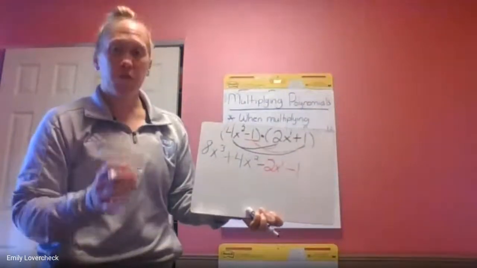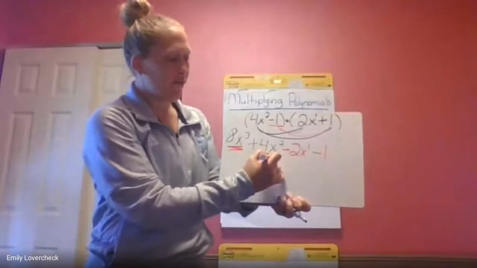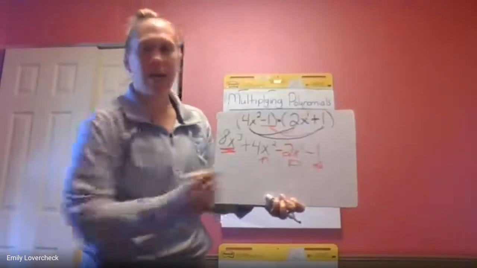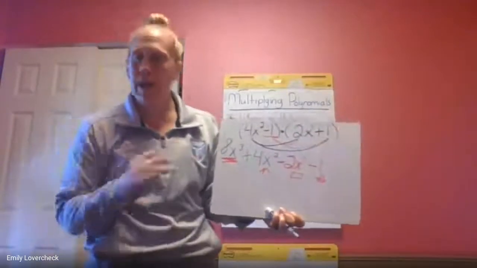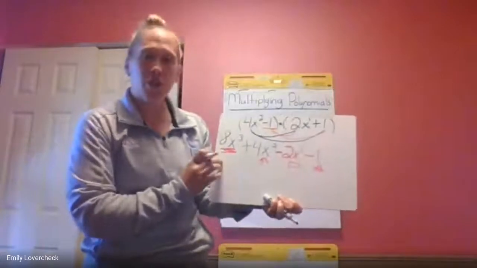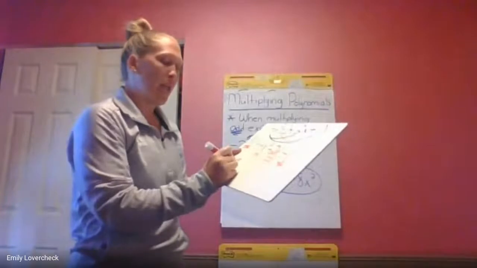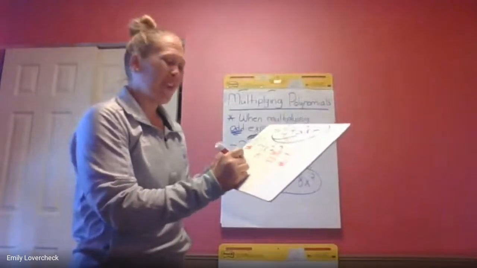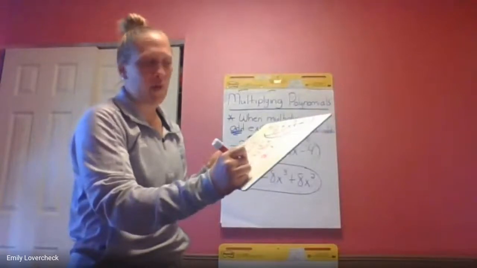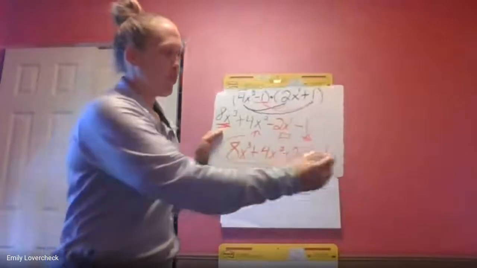Okay, so from here, I want to combine like terms, but I have an 8x cubed, a 4x squared, an x to the first, and a constant by itself. If I look at that, nothing is in common to add together, unlike the last problem. So this would just be my answer. If I wanted to rewrite it, I could write that as 8x cubed plus 4x squared minus 2x to the first, I'm going to leave that 1 there, minus 1. And that's my answer, okay?